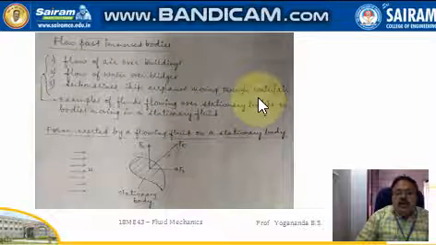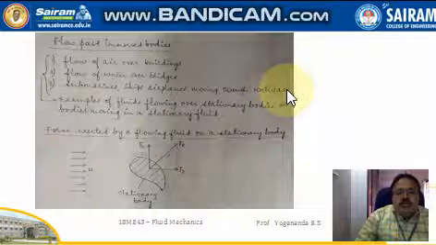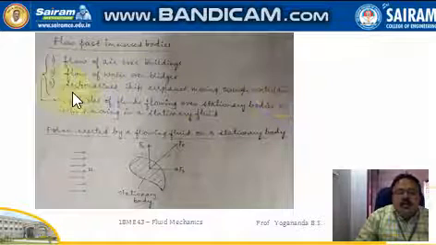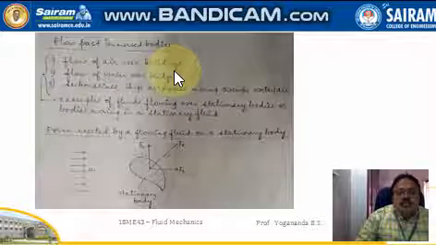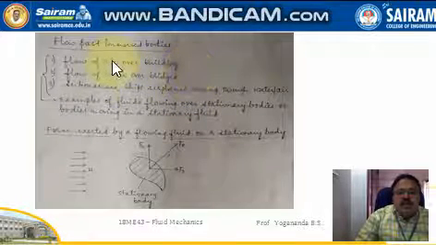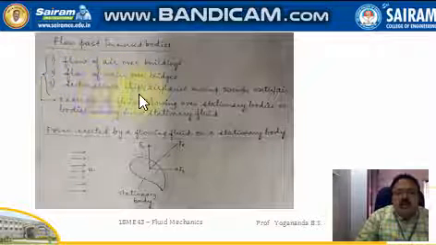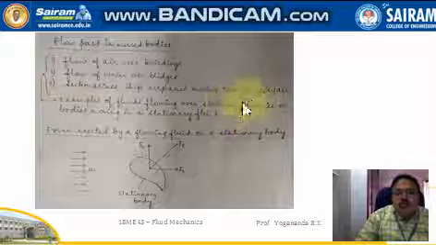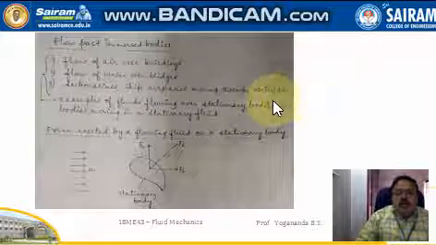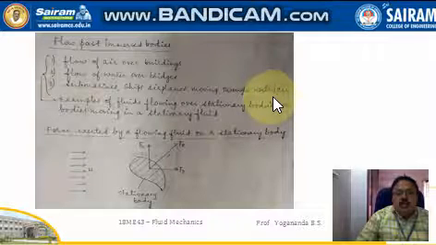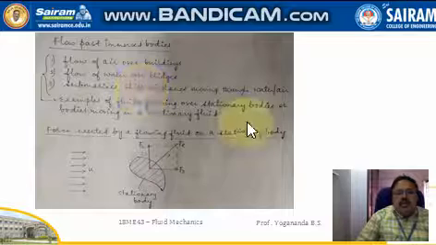Here the water and air are stationary, but the bodies are moving. In the earlier cases, the bodies are stationary, but the fluid is flowing. In the third case, that is submarines and ships moving through water or aeroplanes moving through the air, the media, that is water or air, is stationary, but the bodies are moving.